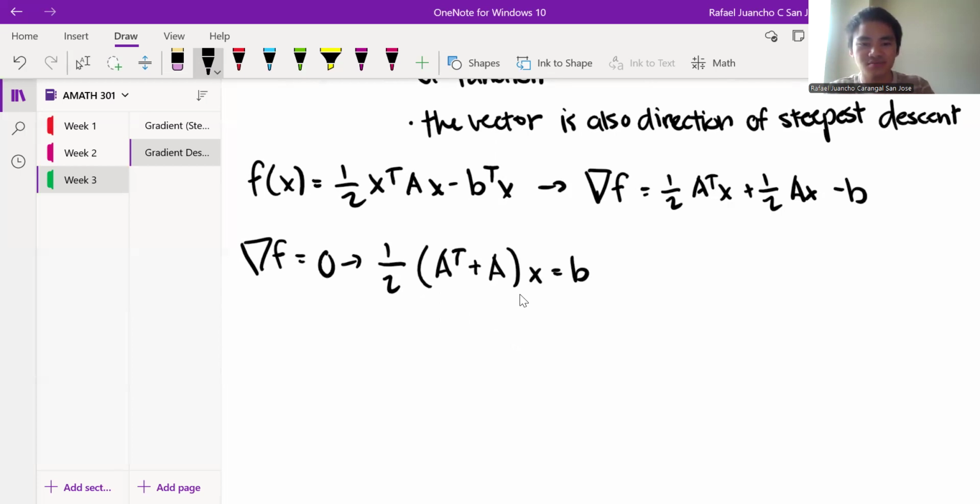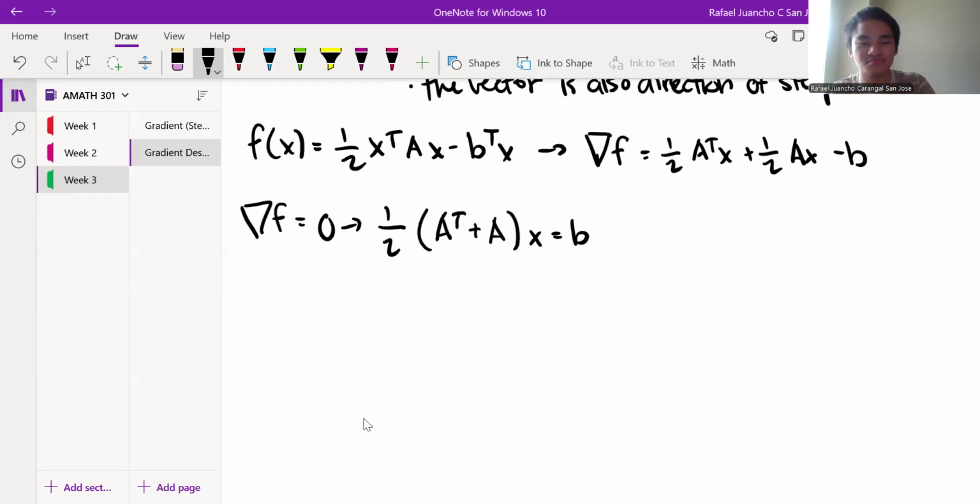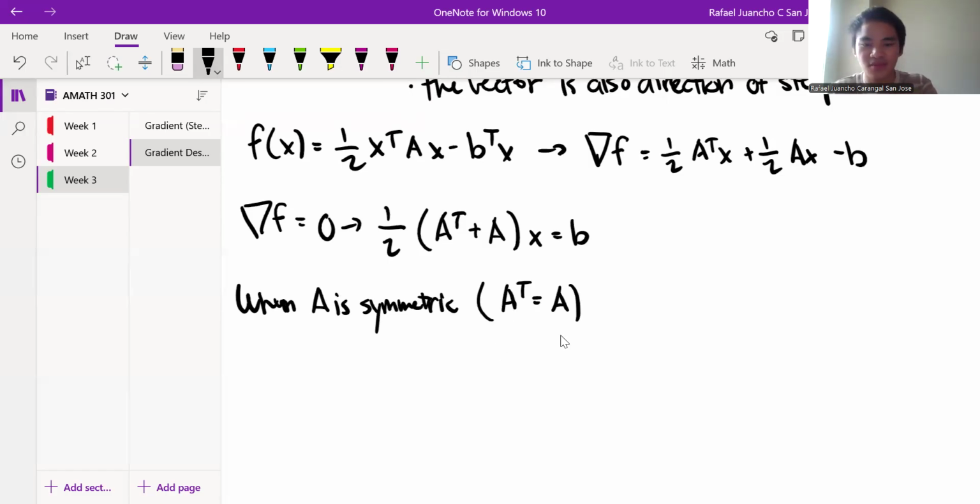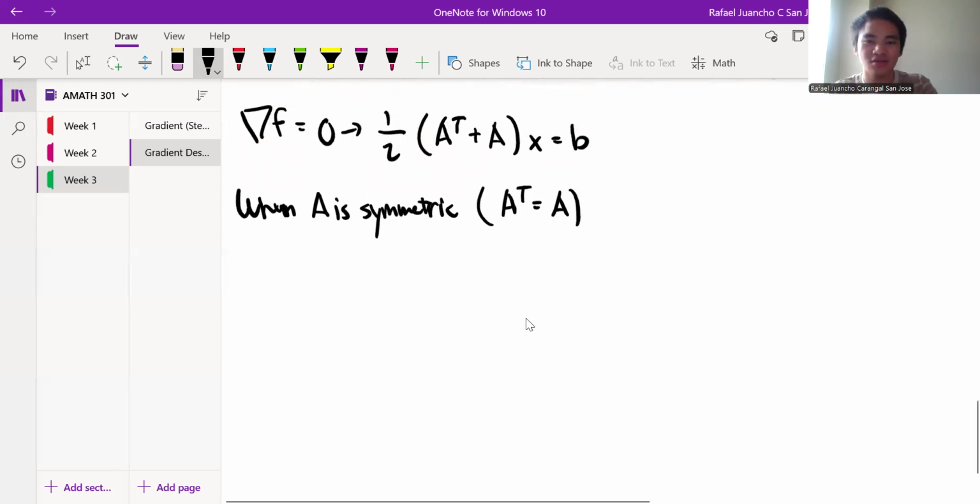And if it's symmetric, meaning A transpose is the same as A, then we'll get the solution. So when A, or A matrix, is symmetric, meaning my transpose is just equal to itself, the original matrix, then we would get the solution, right?